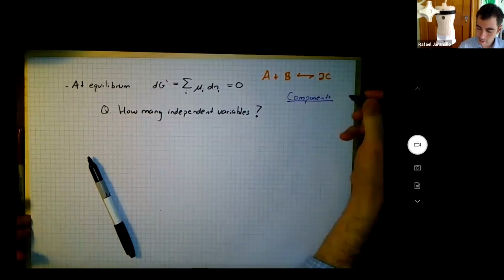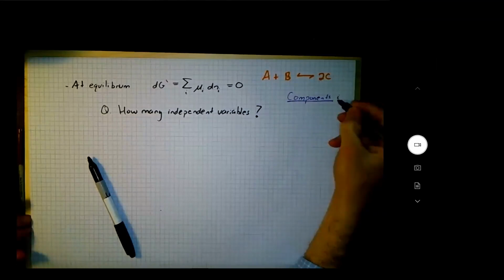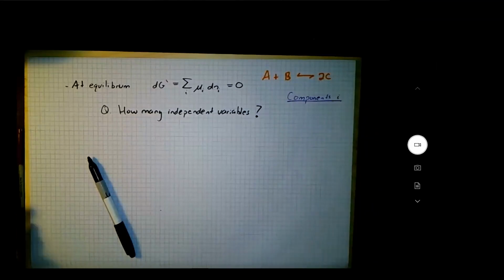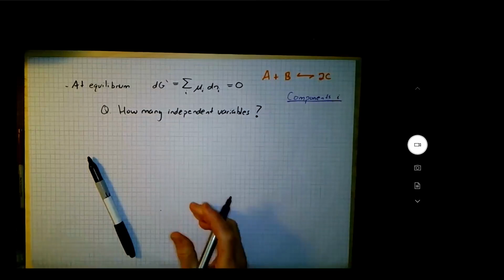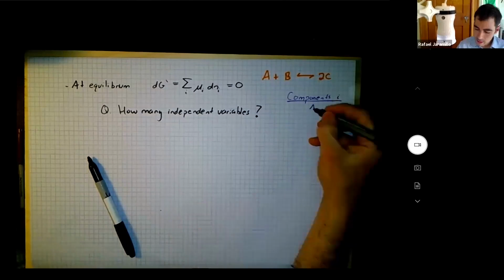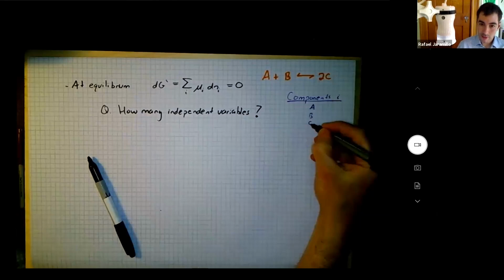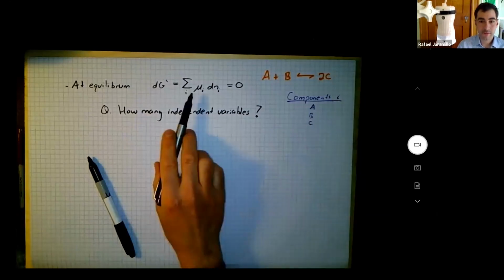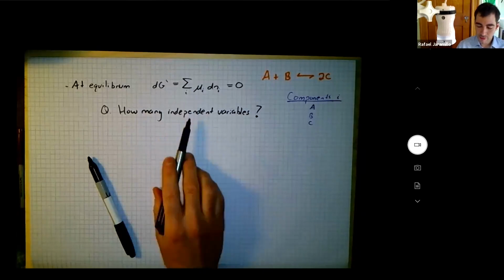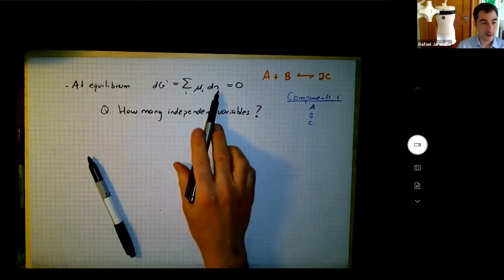Yeah, those are the I labels, components I. What are the components in the system? A, B, and C. So this label runs over A, B, and C. Okay. So we have 3 mole numbers, N of A, N of B, and N of C.